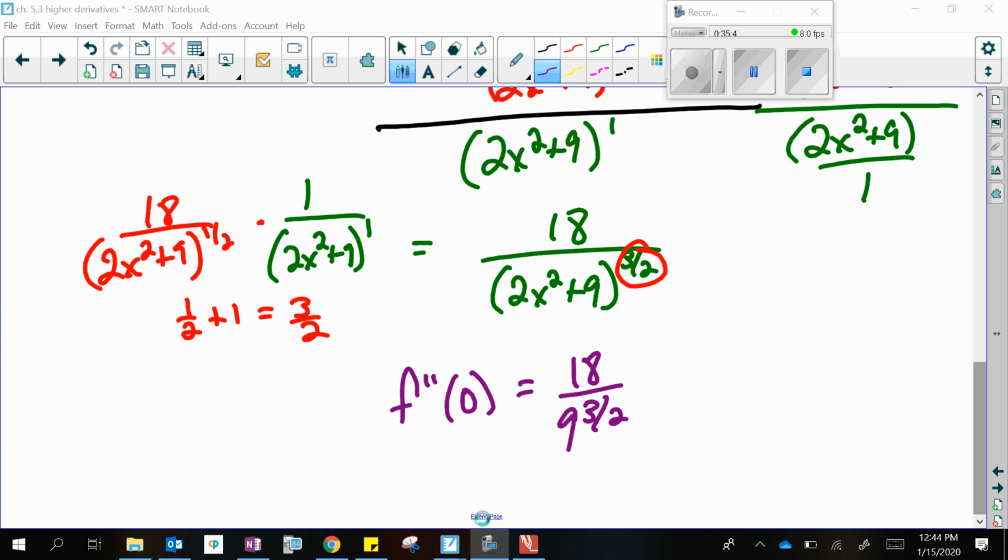Let me see how you do that. Oh, that's 70.1. Okay, so then 18 divided by that is actually 0.256, or 0.257 rounding.